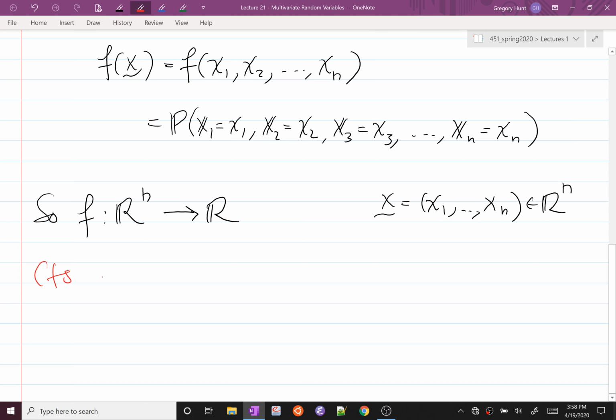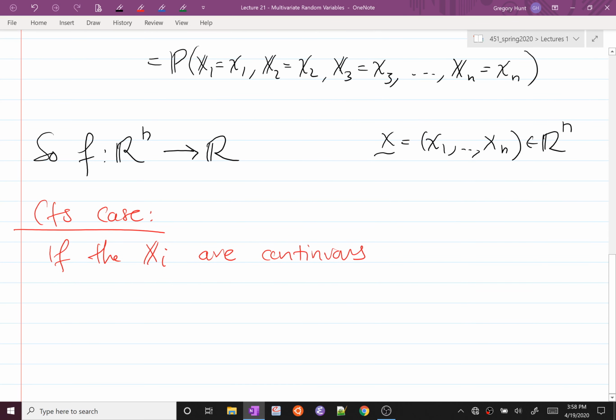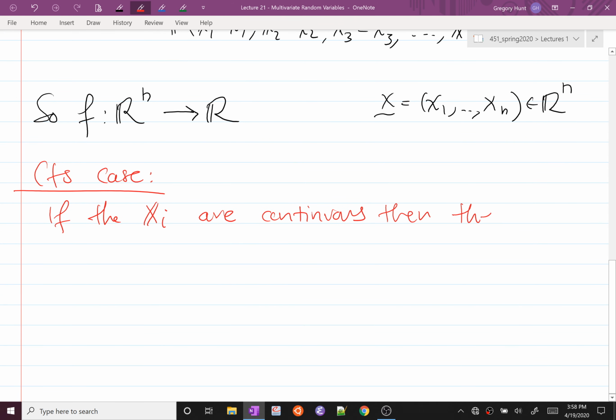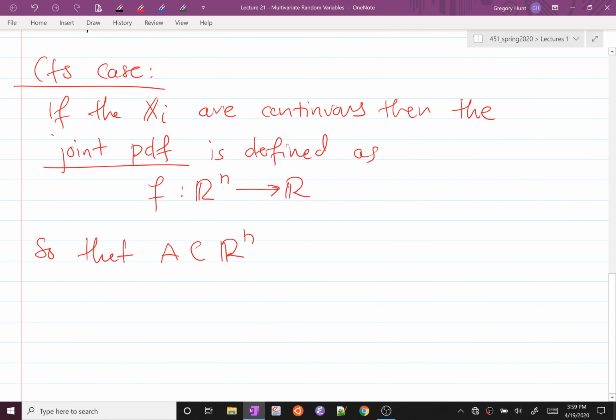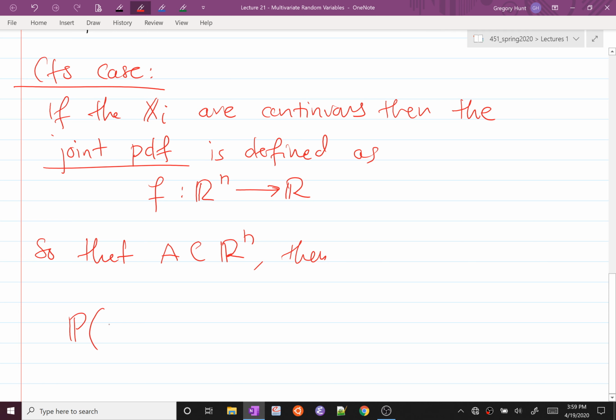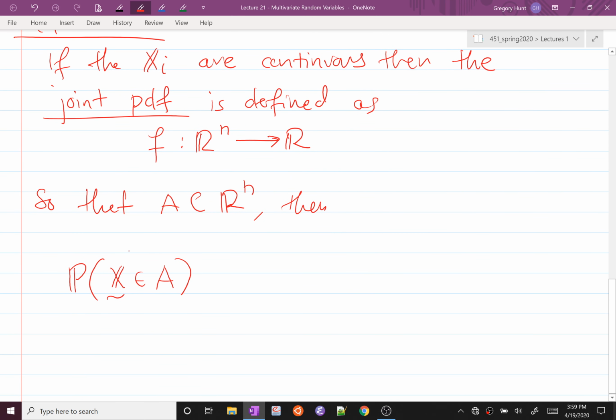The other case, the continuous case, is that if the X sub i are continuous, that is, marginally they're continuous, then the joint PDF, with the same terminology as in the bivariate case but now with multiple random variables, is defined as some function, again a function Rn to R, so that if I have any A that is a subset of Rn, then we can get the probability that x tilde is in A. So we now have a multivariate random variable.